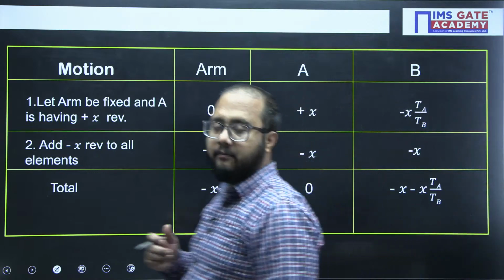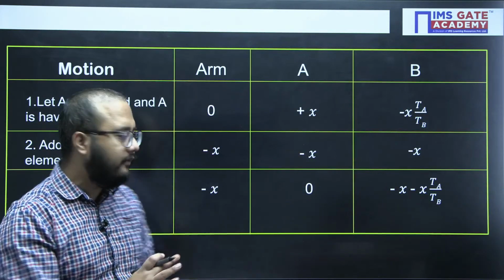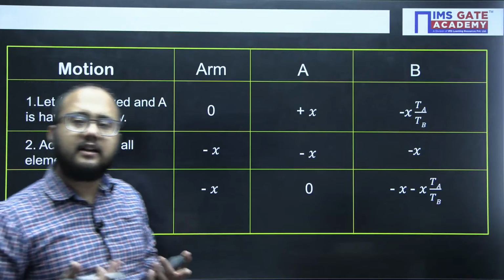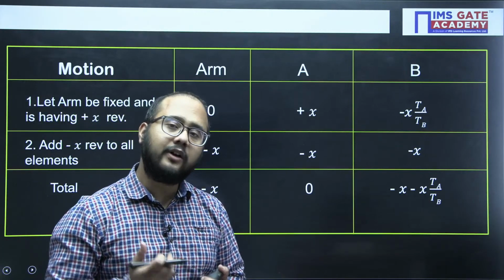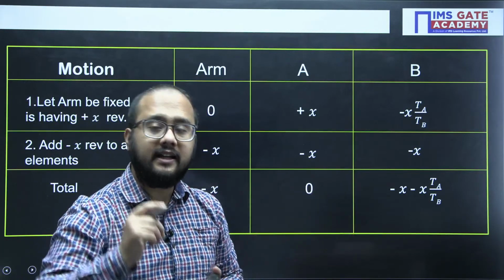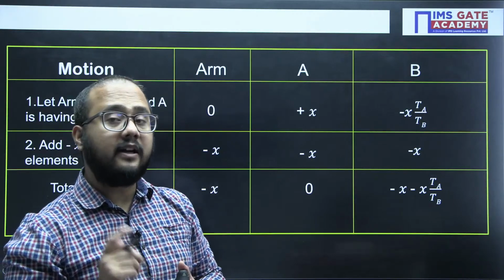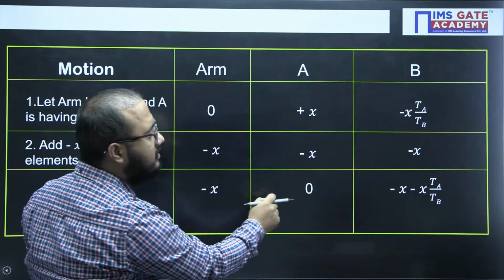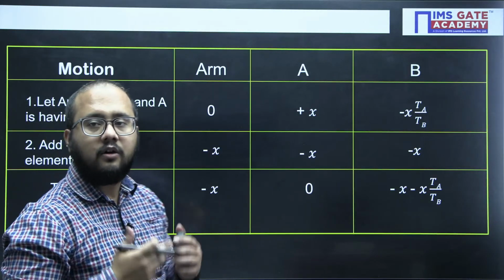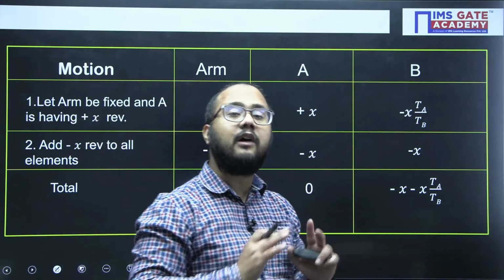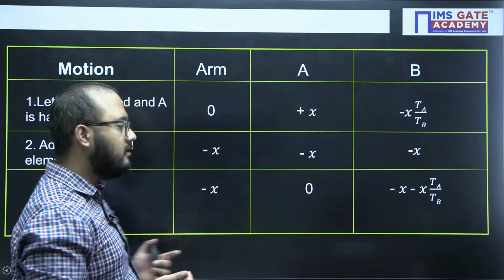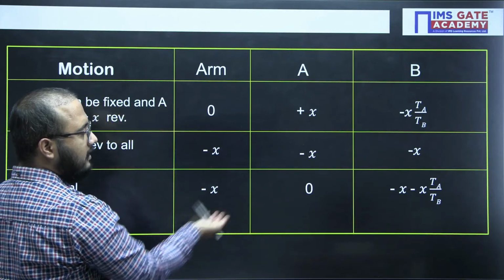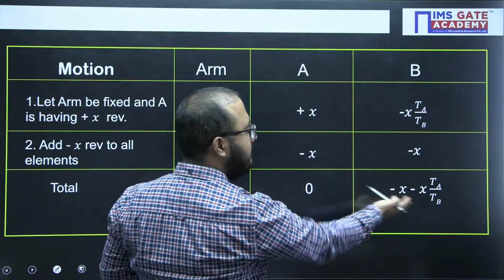Now actually, after doing so, from this table we got these answers. Now what advantage did we get here? The advantage is we have related the rotation speeds of all the elements. How are they related? See, arm is minus x, A is 0, and B's value is in terms of x.